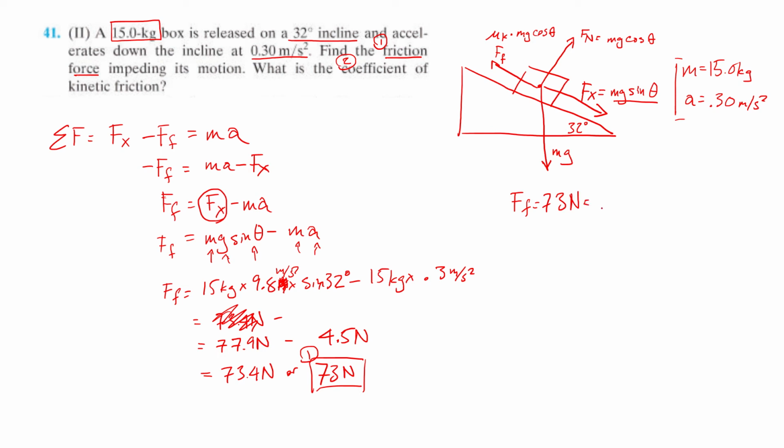We also know that that is equal to the friction coefficient times mg cosine theta. I know it's weird that it's cosine theta, but it just is. Just trust me on this. So we can solve for it. Let's divide both sides by mg cosine theta.